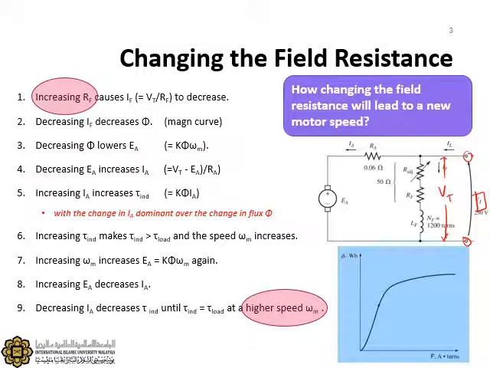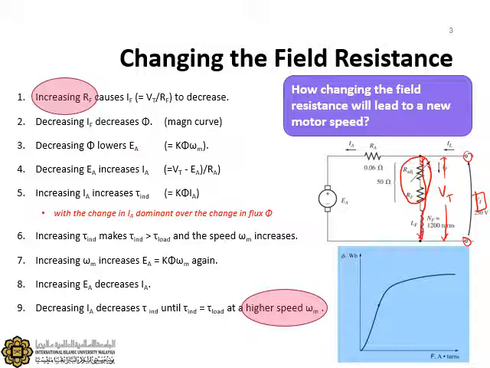And therefore, the current that goes through the field path, which is IF, will be the voltage VT divided by the total resistance of these two resistors. You've got R adjustable and RF. So again, the field current IF, which is the current flowing through this path here, is VT over the sum of these two resistors.